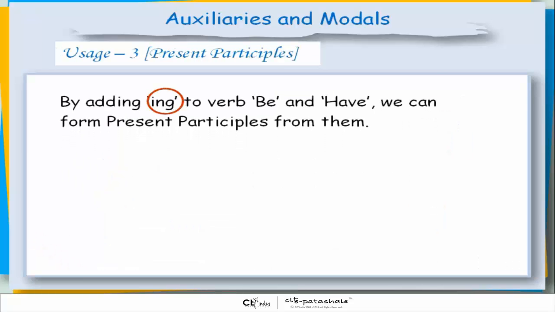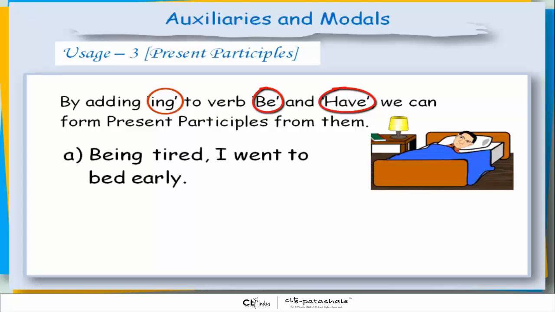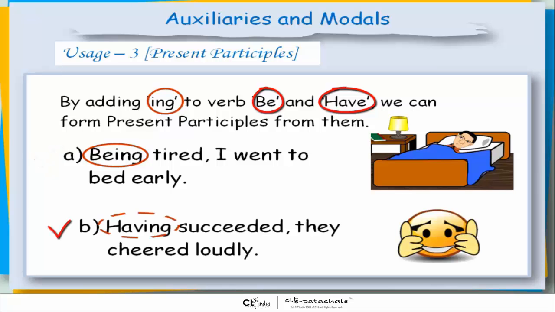Usage 3: present participles. By adding ing to verb be and have, we can form present participles from them. For example, being tired, I went to bed early. Ing is added to the verb be. Having succeeded, they cheered loudly.